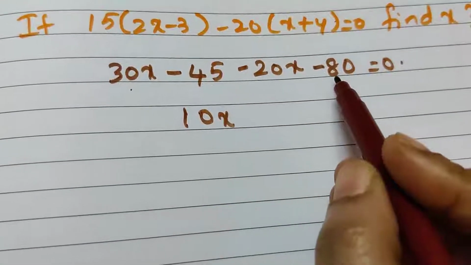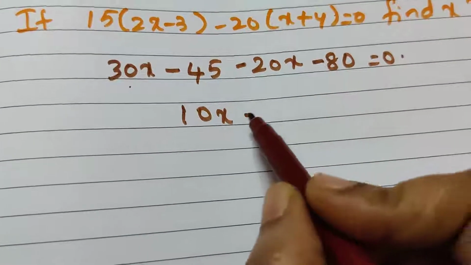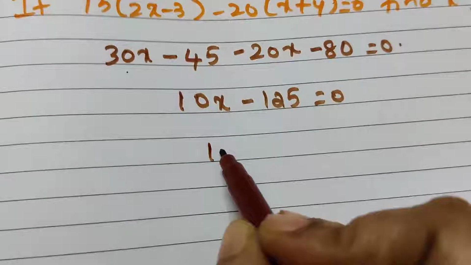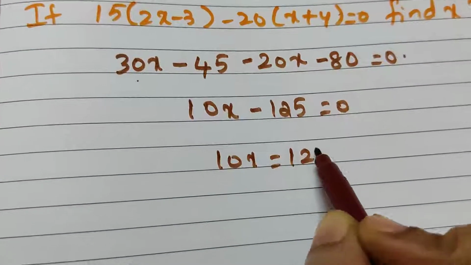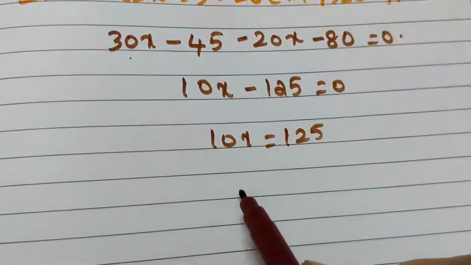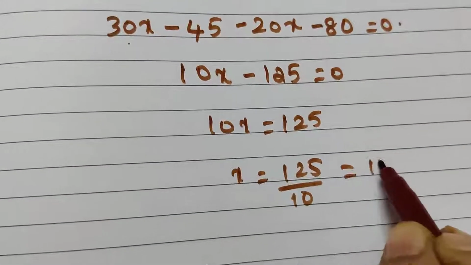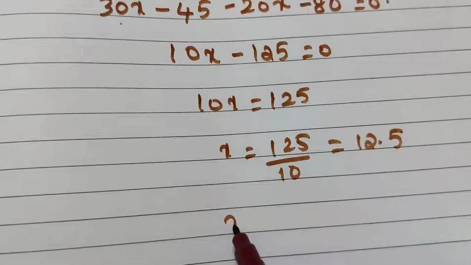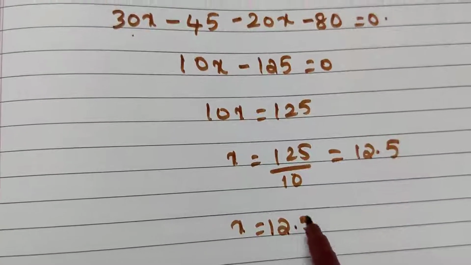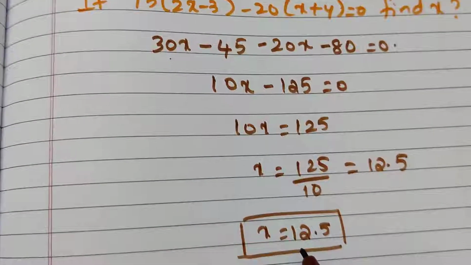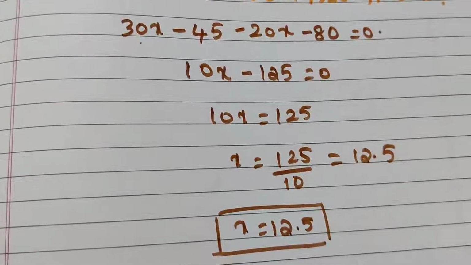Minus 45 minus 80 is minus 125, is equal to 0. 10x is equal to 125. This will go that side, plus. x is 125 by 10, that is nothing but 12.5. x is equal to 12.5. This is how we will be resolving this kind of equations. I think these are clear.